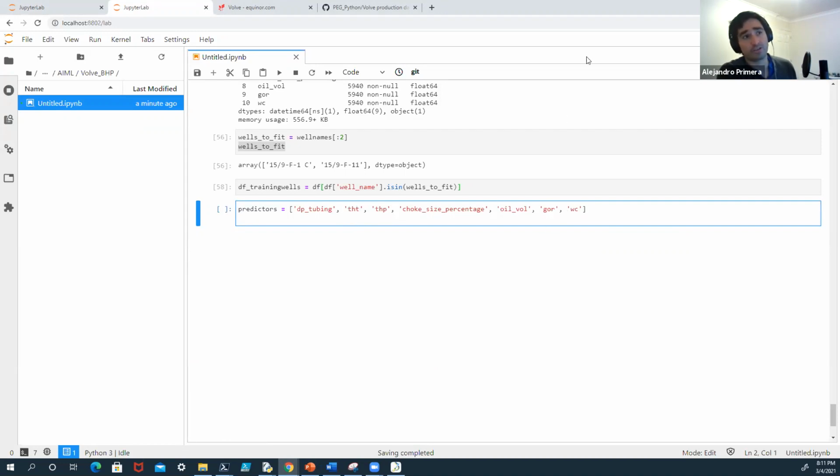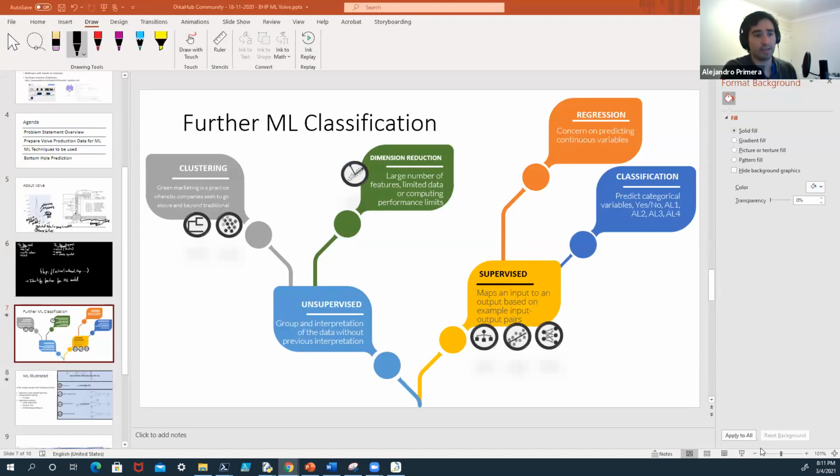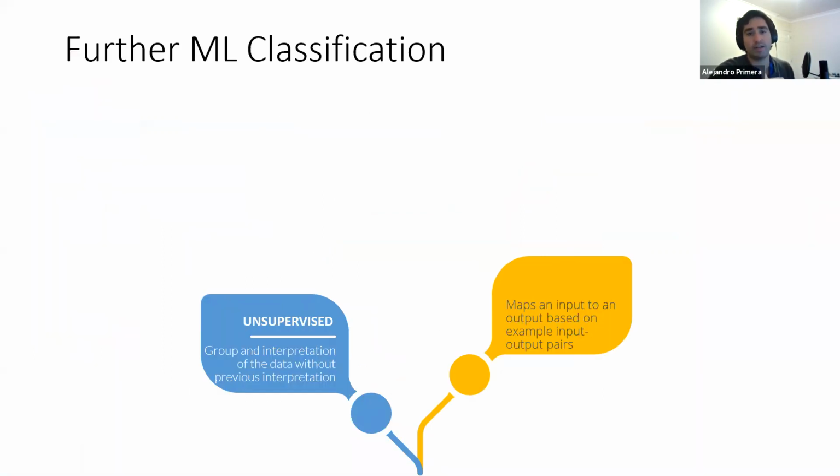But you may find yourself in a problem where, let's say, the problem that I have faced in the past, where I had a geological model and I wanted to do an uncertainty analysis based on all the input variables of the geostatistics and structural framework.